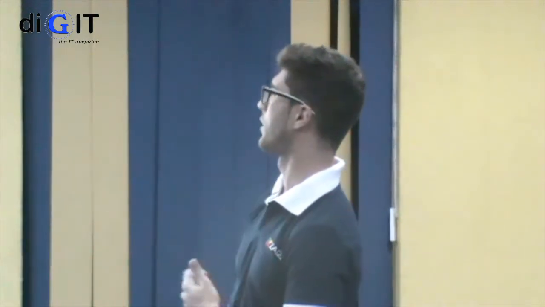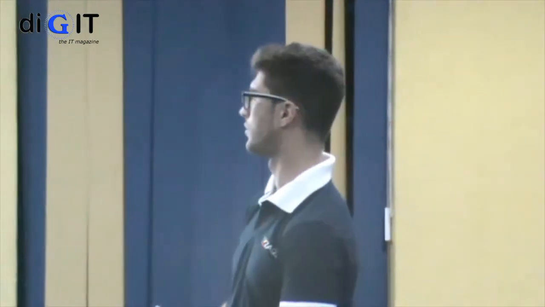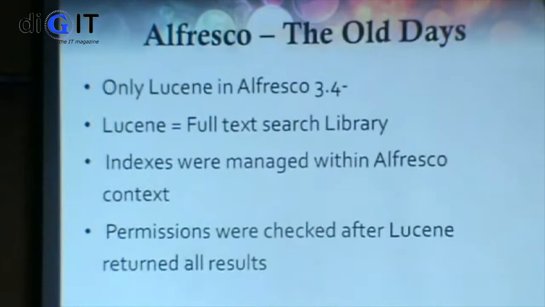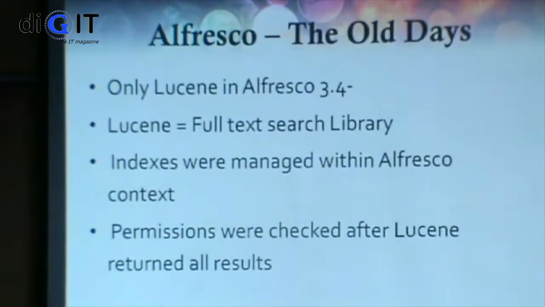The indexes were managed in the Alfresco content, and permissions were checked after Lucene returned the result. What happened with that is that when Alfresco needed to return too many results to users, it took a long time.